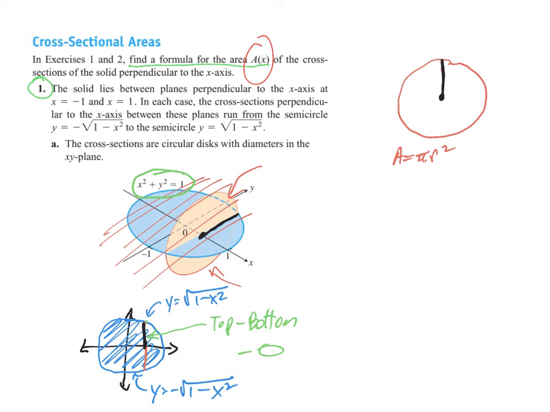So what this tells me is that if I'm measuring that black radius, it's going to be the square root of 1 minus x squared minus 0, better known as the square root of 1 minus x squared. Now I can go over to my formula, and I can pop that in right there.